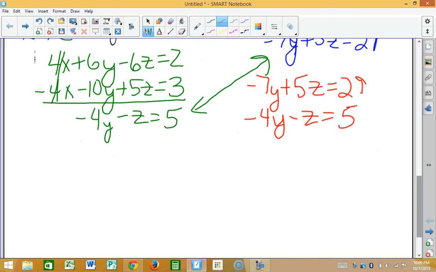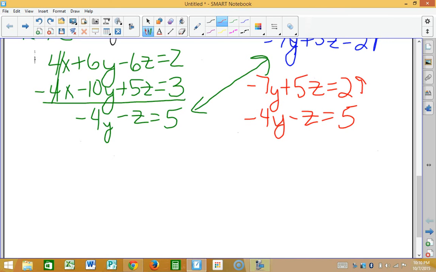So now we basically turn the problem into a two-variable system. Now we'll just go through the same motions that we did with the last section, 2.1, where we're just going to eliminate either y or z.